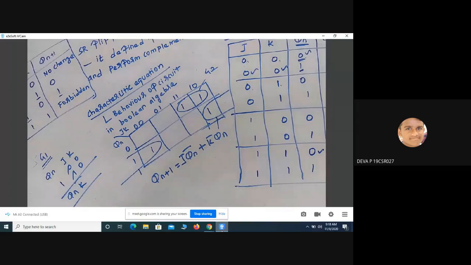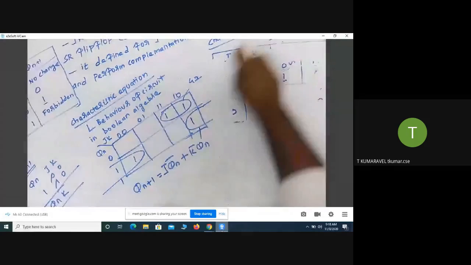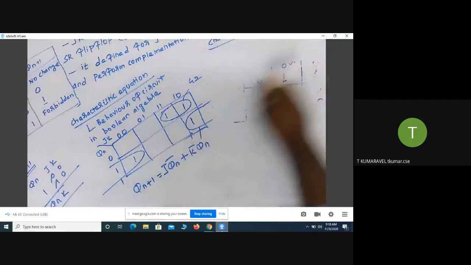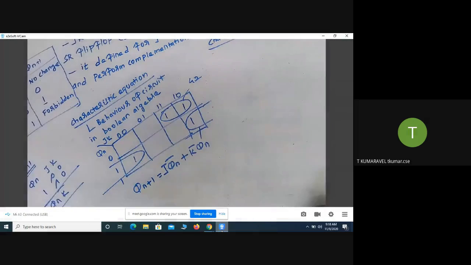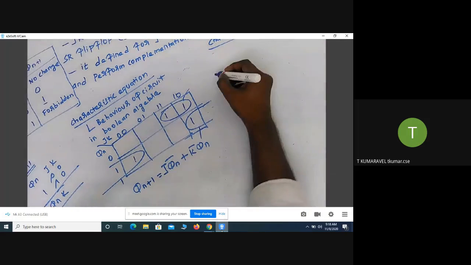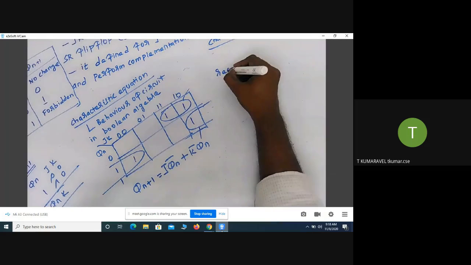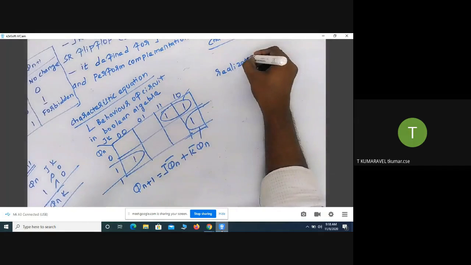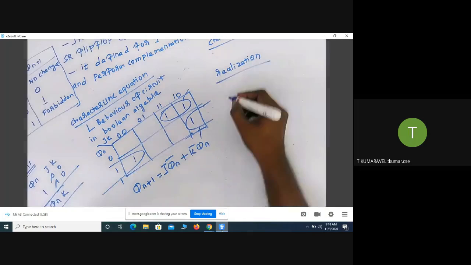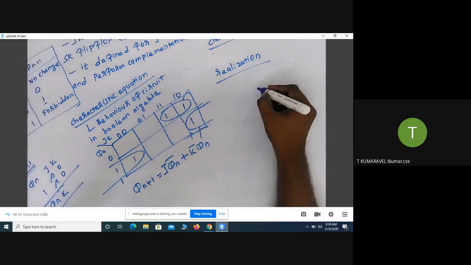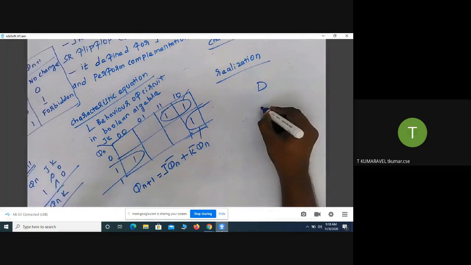The next thing is that whatever I have written in Boolean algebra can be represented in a realization format, that is, circuit format. How do you draw that? Two NAND gates and one OR gate are required.